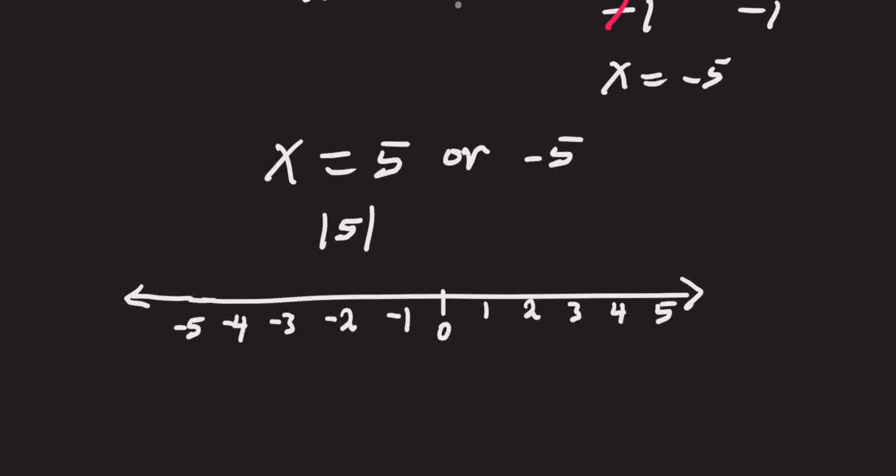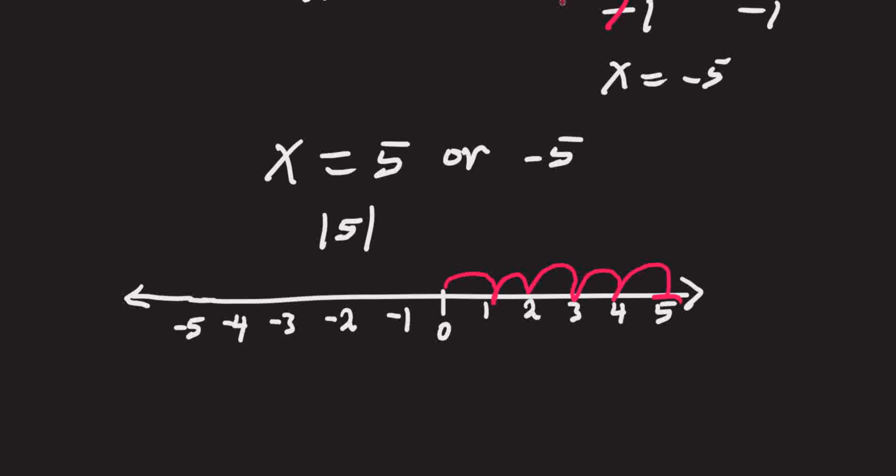First, we started with the absolute value of x and we discovered that x is 5. The absolute value of 5 is simply the distance from the origin. See, 1, 2, 3, 4, 5.